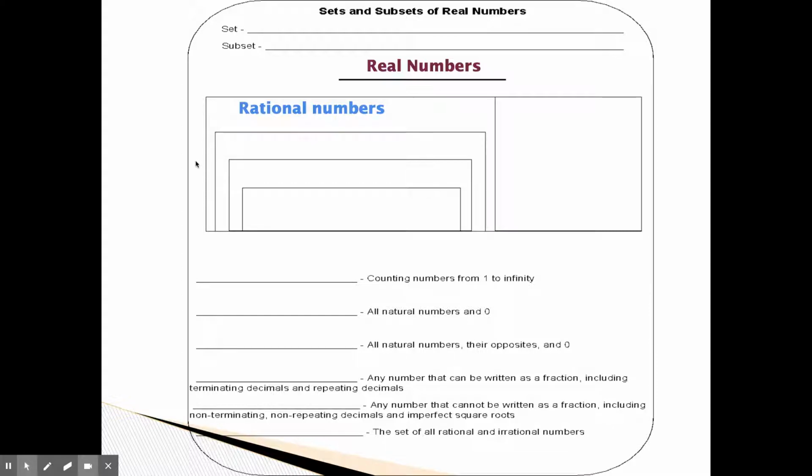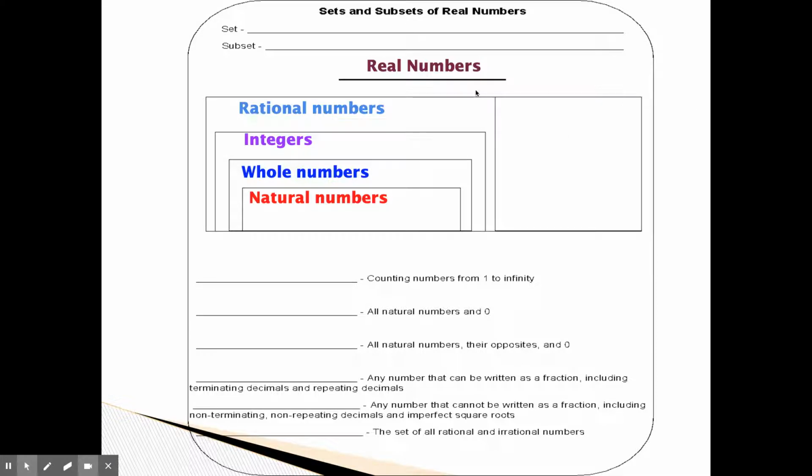Inside of that rational numbers rectangle, we have integers. Since this integer rectangle is a little smaller than rational and it's inside, that means every integer is a rational number. Then we have whole numbers, so all your whole numbers are also integers and also rational numbers. And then last but not least, we have your natural numbers or your counting numbers. So every natural number is a whole number, which means it's also an integer, which means it's also a rational number.